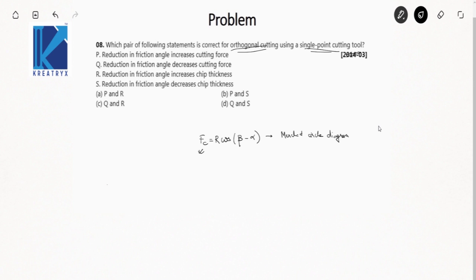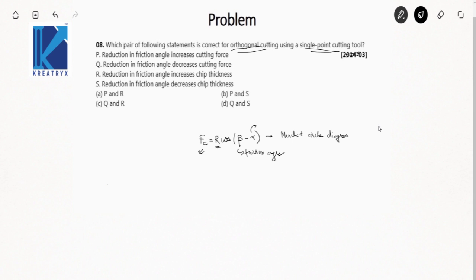Here beta is the friction angle, and alpha, as we know, is the rake angle. They haven't mentioned anything about alpha, and since they are using a single point cutting tool, alpha is constant in this case, and R is also constant. So what they're basically asking is the impact of beta on Fc.